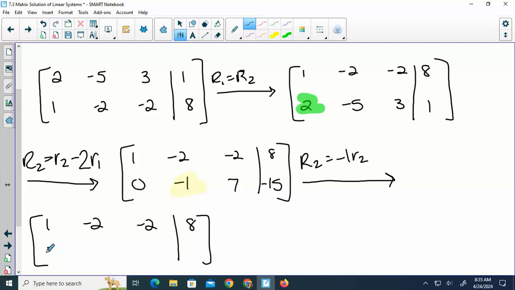So 0 times negative 1 is 0. Negative 1 times negative 1 is positive 1. 7 times negative 1 is negative 7. 15 times negative 1 is positive 15.